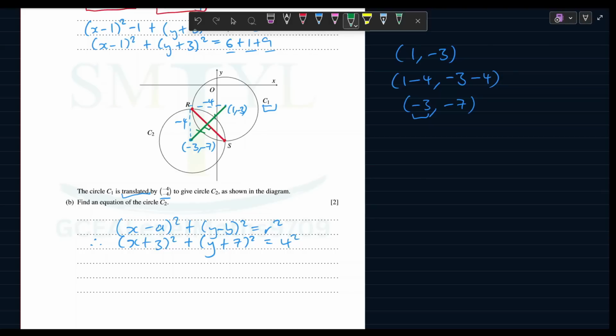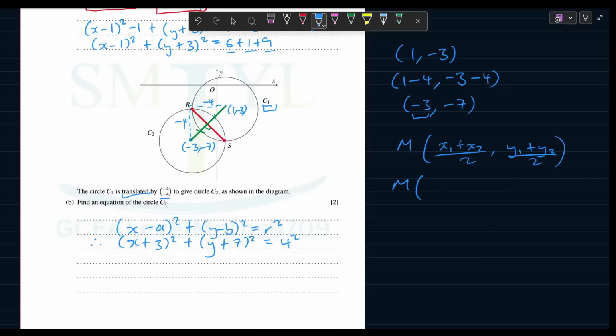To find the equation of a perpendicular bisector, the first thing we want to do is to find our midpoint. And remember, the midpoint is (x1 + x2)/2, the average of your x values, and (y1 + y2)/2, the average of your y values.